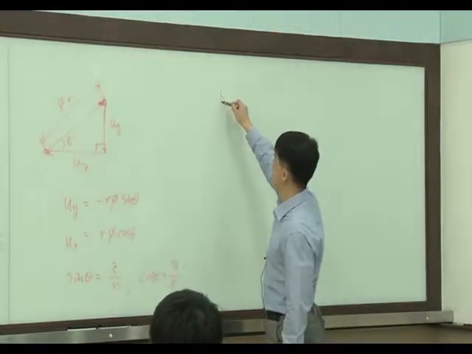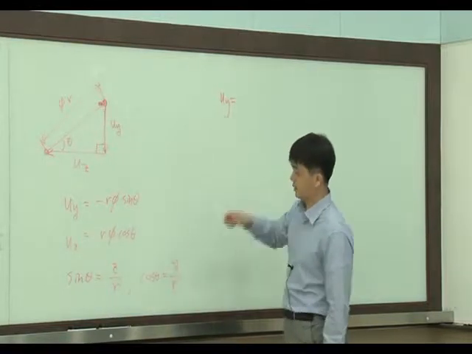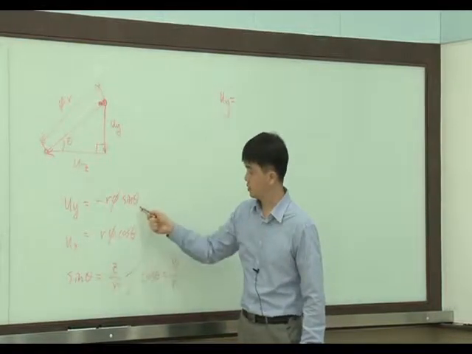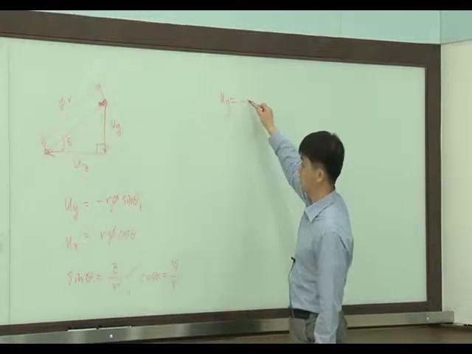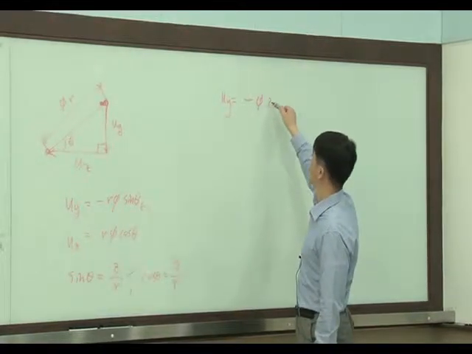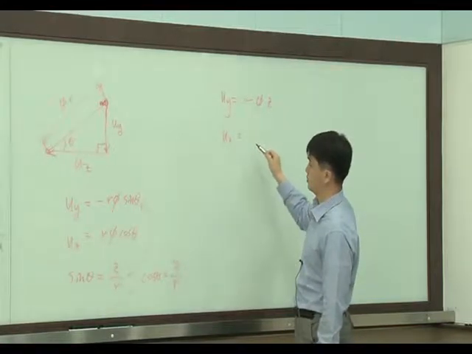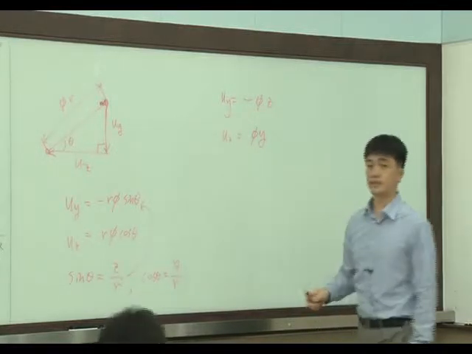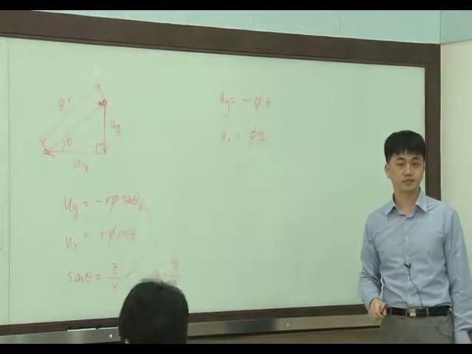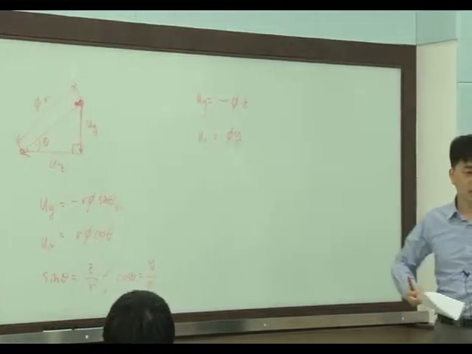So finally, let's put this result into here: uy becomes minus phi z, and uz becomes phi y. This is the rotation of the section.